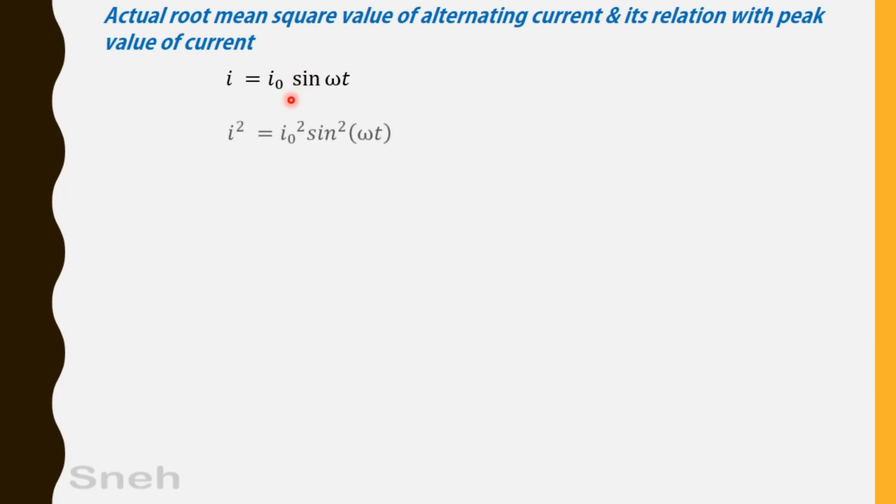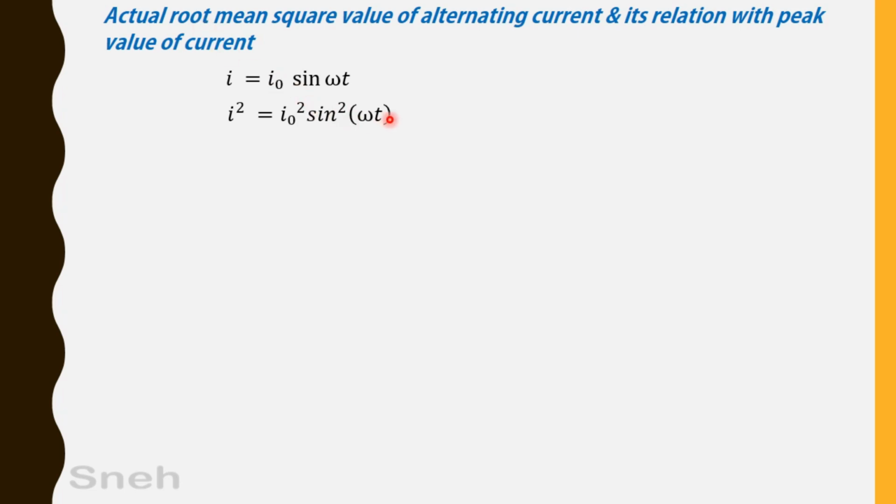I square is equal to I0 square sin square omega t. Now I have taken the square. I want to find its mean. Mean means average, which we have seen earlier, and I have to take its square root.